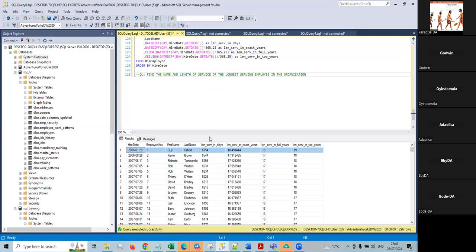So if you do this query here and produce this result, that will not be the right query.